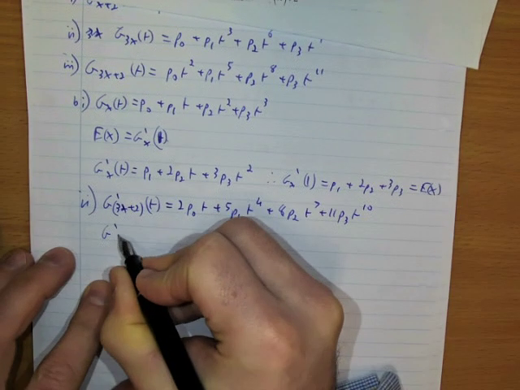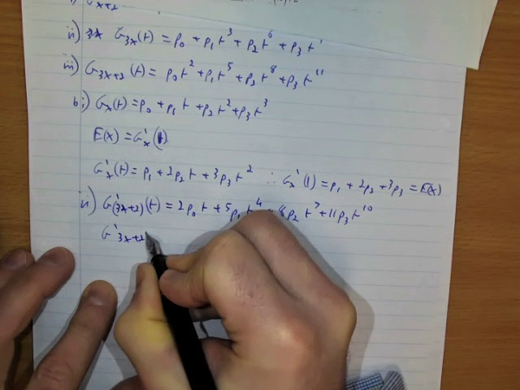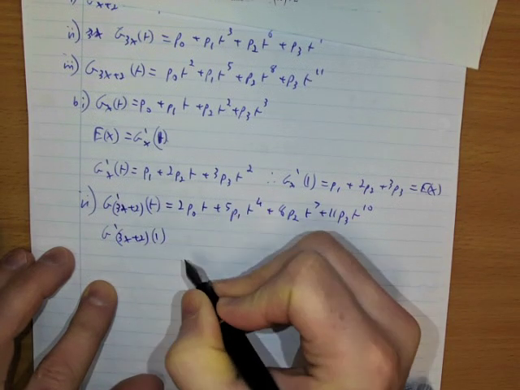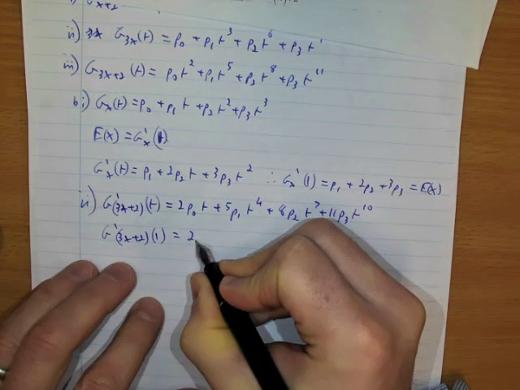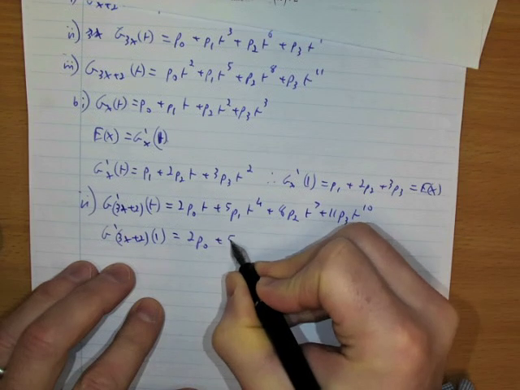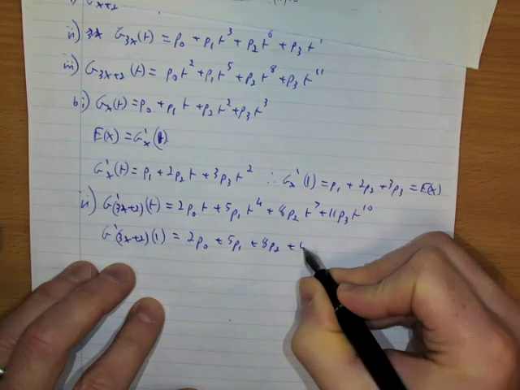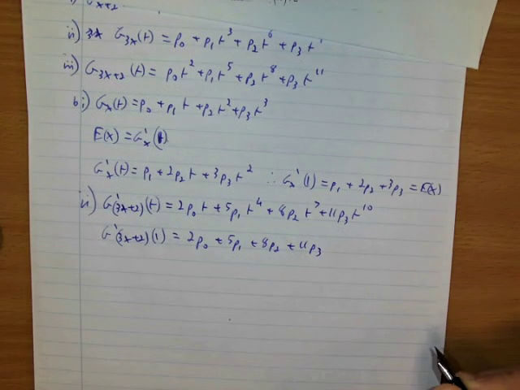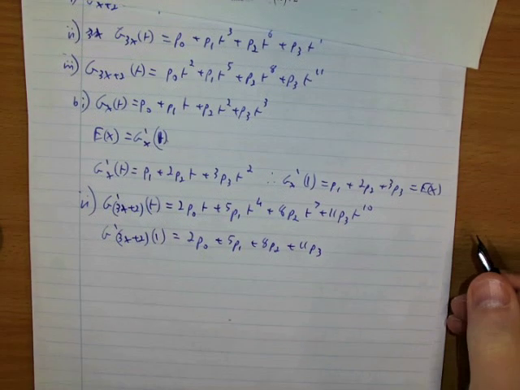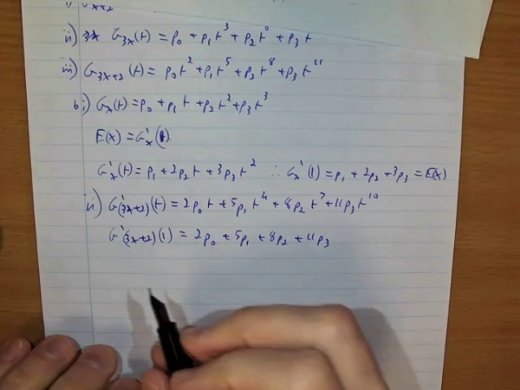So g dash of 3x plus 2 at 1 is just going to be 2p0 plus 5p1 plus 8p2 plus 11p3.